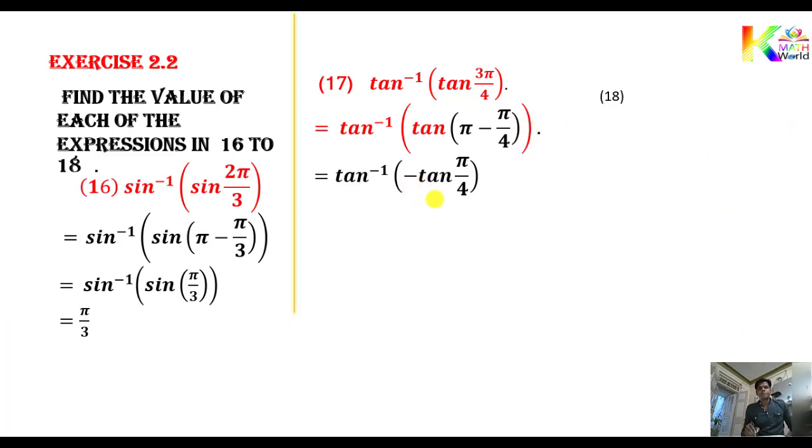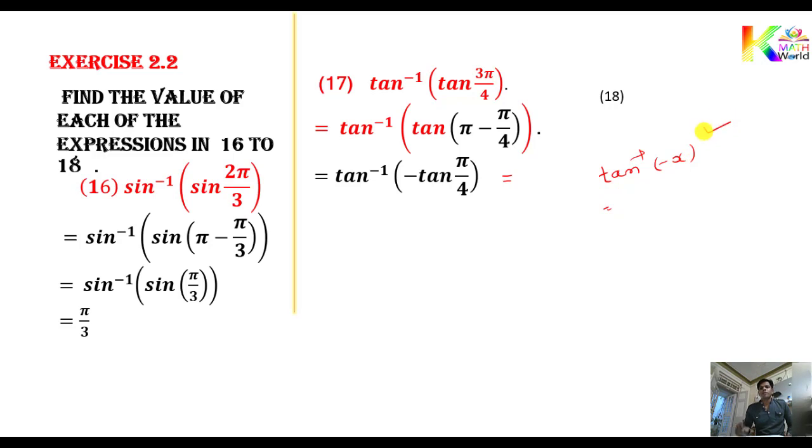Now you can calculate from here in two ways. If you consider this whole thing as x, then you get tan inverse of minus x.